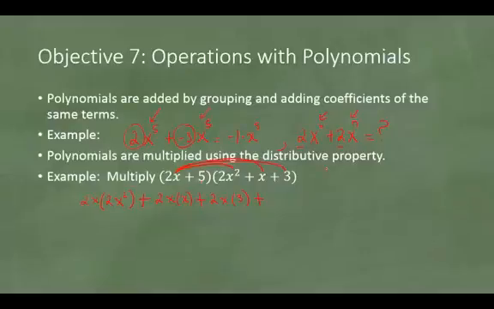Make sure everything gets distributed and multiplied out: 5 times 2x squared, plus 5 times x, plus 5 times 3.